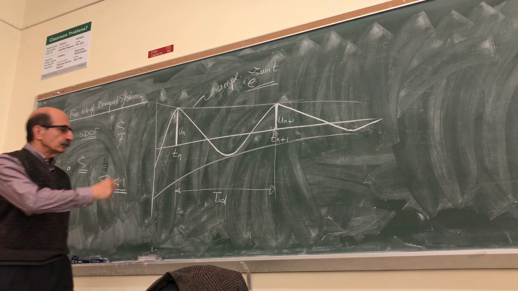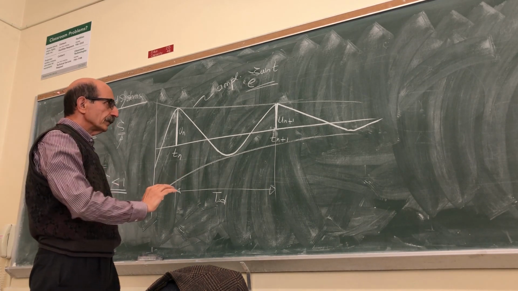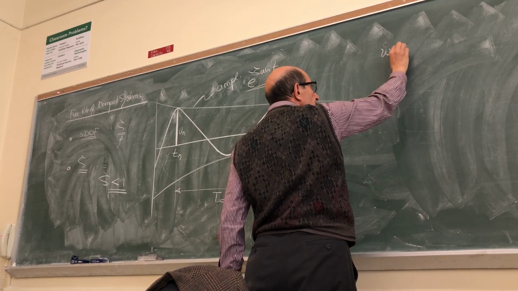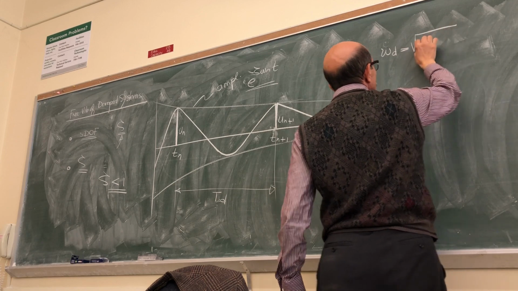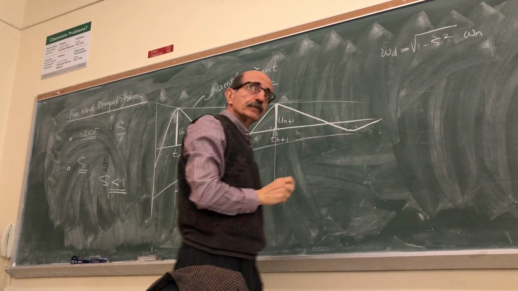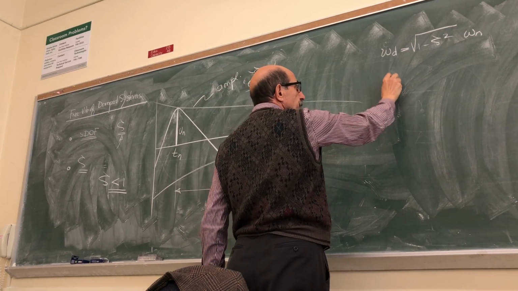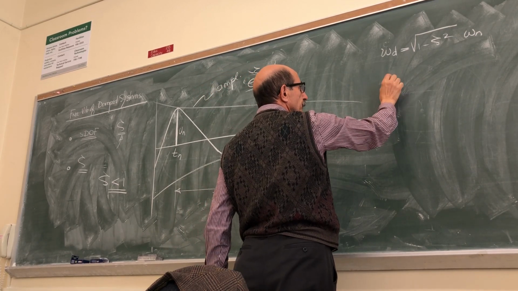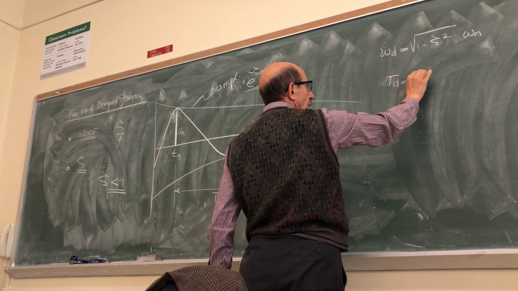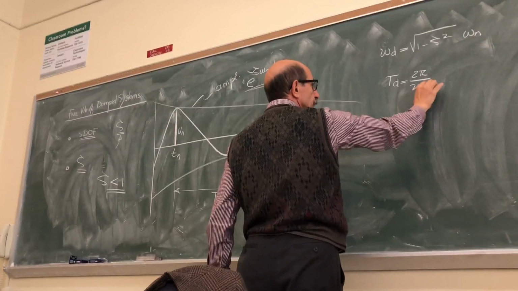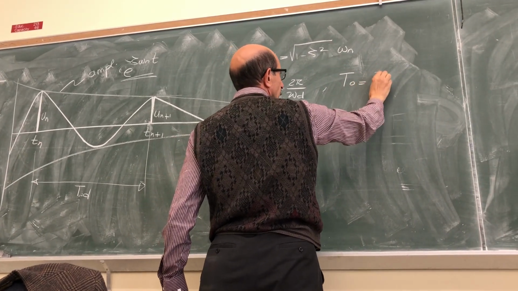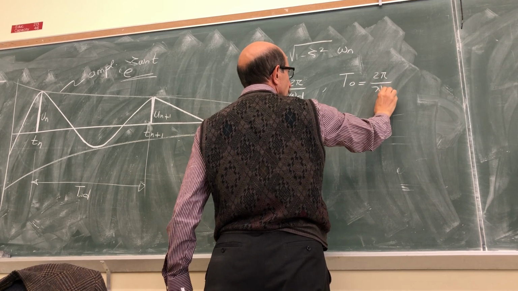Let's see how. First of all, a few things. Remember, we know that the damped frequency was what? Omega d equals square root of 1 minus zeta squared times the natural frequency, right? The period of a system is what? Is 2 pi over the frequency. So the natural period, I show it that way, would be this.